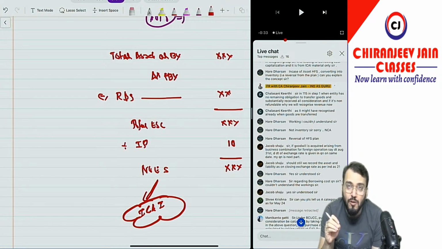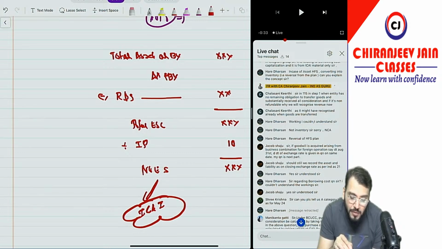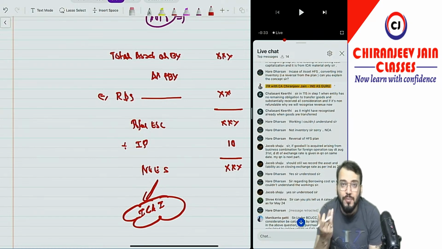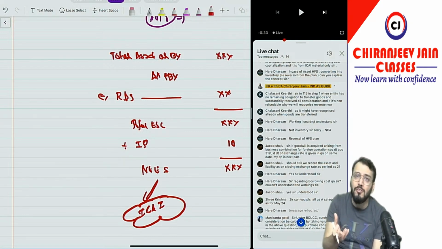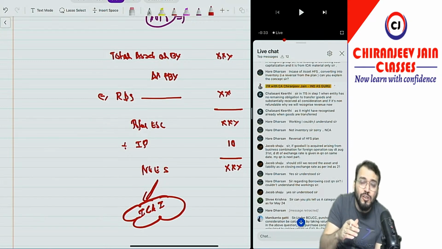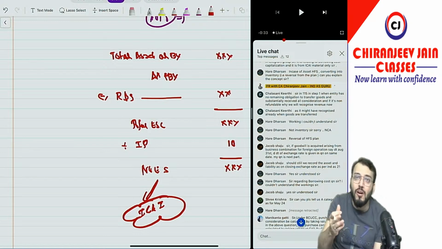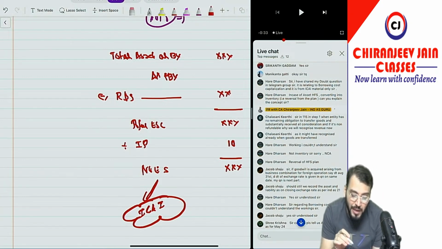If the contract has not been identified because the 5 criteria were not satisfied, and you have received the consideration, and now the contract is terminated, then if the performance obligation is completed and the consideration received is non-refundable, whatever you have received is your revenue only. Even though the contract was not identified because the criteria were not satisfied, you received the consideration in advance, the performance obligation is now satisfied, and the fees received are non-refundable. So you are not going to refund it, and whatever you have received will become your revenue, and therefore it is recognized as revenue at that point. Understood?